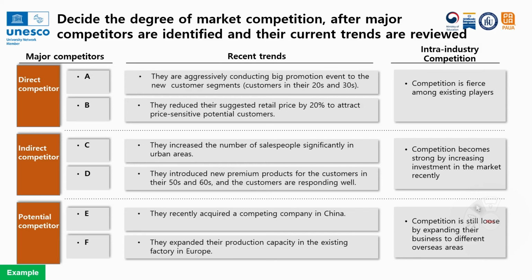So the movements of the potential competitors, company E and F, are not a threat to us at this point, but we have to be very cautious because they are expanding their businesses. Who knows, in the near future they may attack our business areas. So those are the summary and the results of our analysis about the competitors.